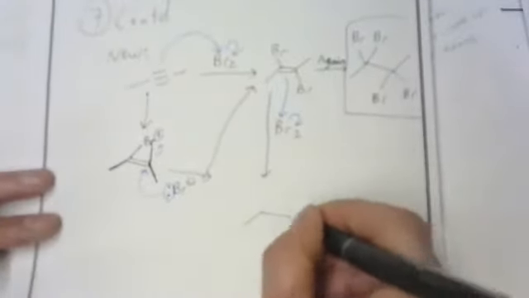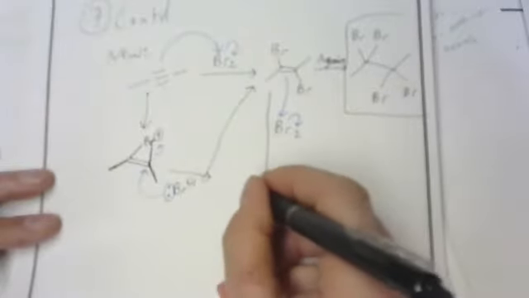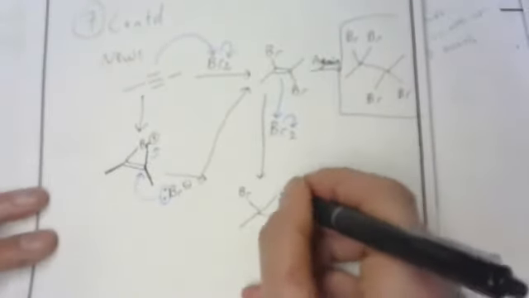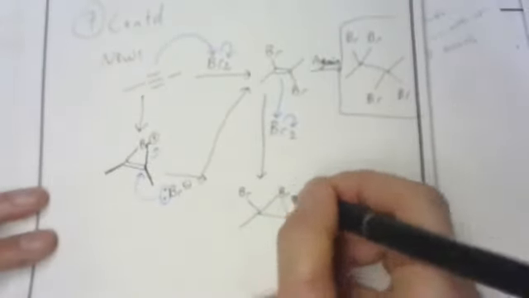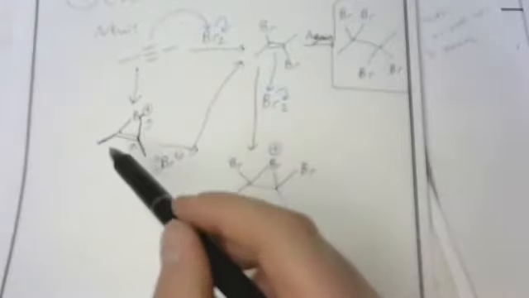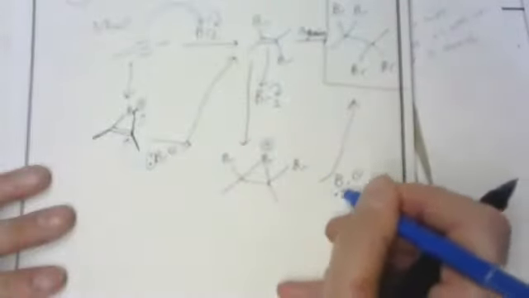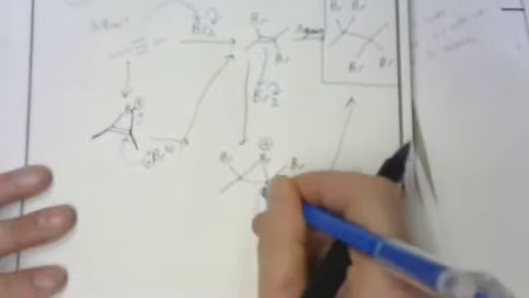Well, what does that look like? Now you've got your 2 Brs originally, and you've got a third Br that's bridged. Isn't that weird? So you went from a bromonium, this is like another bromonium, and then it just does it again. Br minus opens it up.